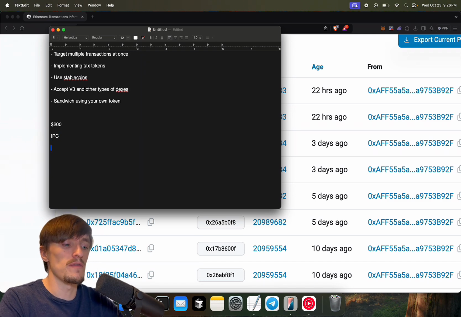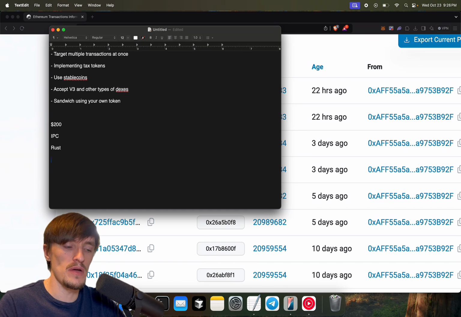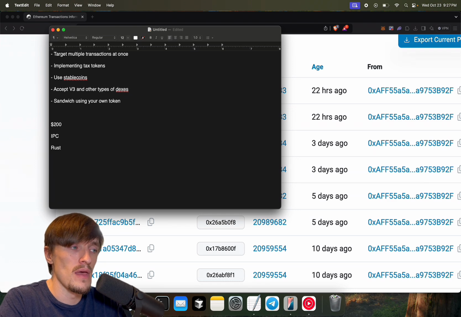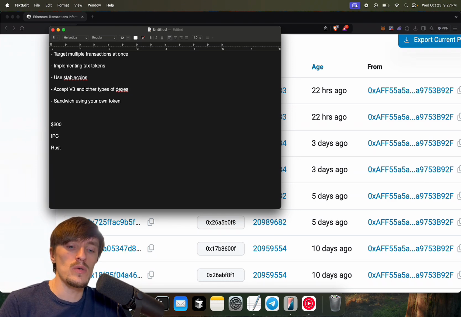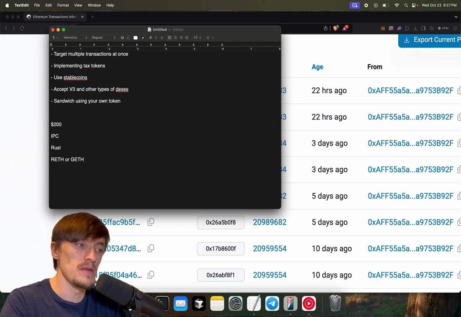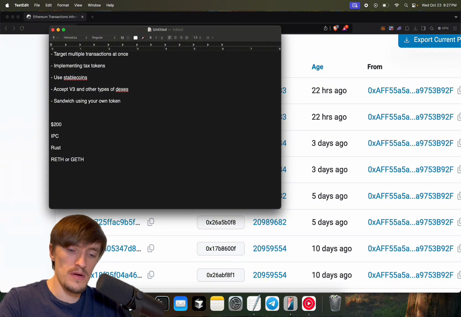Now, if you want to optimize it further, you can use Rust to program your MEV bot, or you can access the blockchain database directly, which is written in MDBX or something like that. I don't remember the name, but there is a way to access the Reth or Geth database directly, meaning you can enter the database of the blockchain that contains all the transactions.